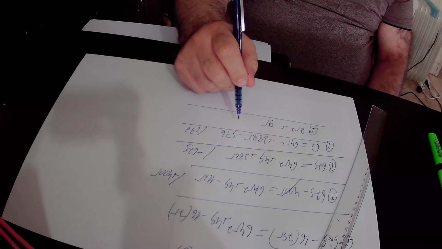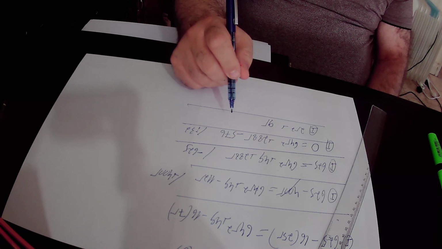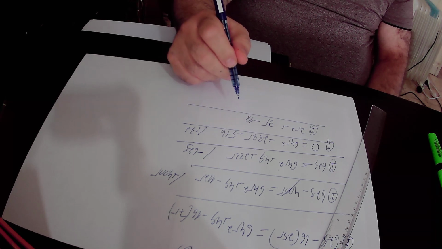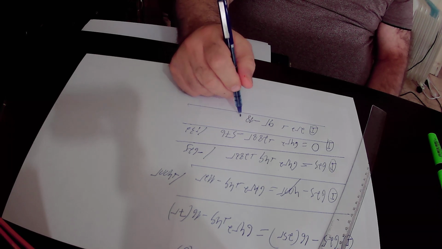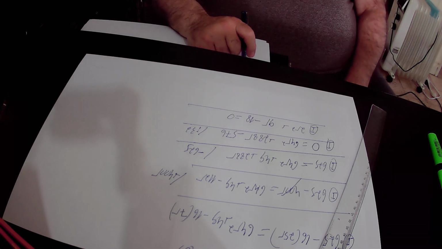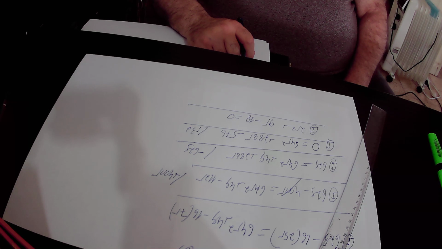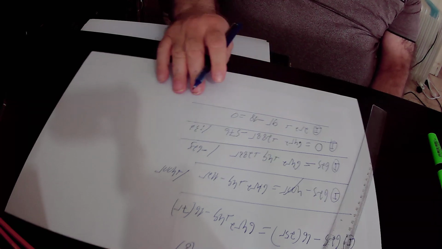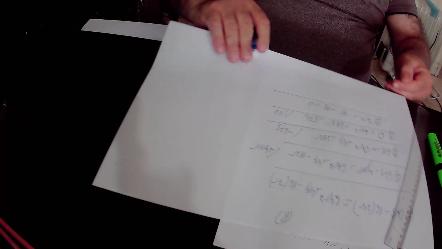Here minus 576 over 32 equals minus 18, and 0 over 32 is 0. So in conclusion, we found out that according to equation number 1, we have the quadratic equation 2r squared plus 9r minus 18 equals 0. In this quadratic equation, the coefficient a equals 2.